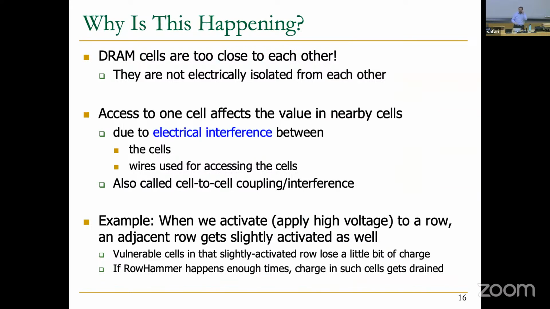Why is this happening? Because of increased DRAM chip density, cells are getting smaller and closer to each other. So when you access a DRAM cell, the electrical charge moving there and the voltage levels deviating cause interference on the other cells, and it leads to exacerbated leakage and bit flips.